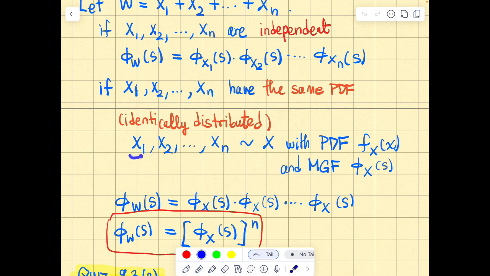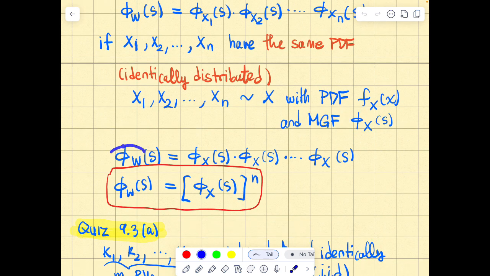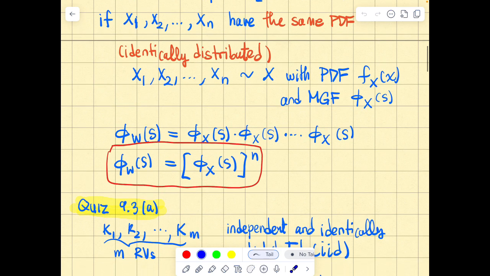So for example, x1 to xn have the same distribution as random variable x with PDF fx and moment generating function phi x. That means the moment generating function of w would be the product of each one, and each moment generating function is the same because it's the same type of random variable. Then basically it's the moment generating function of x raised to the power of n.